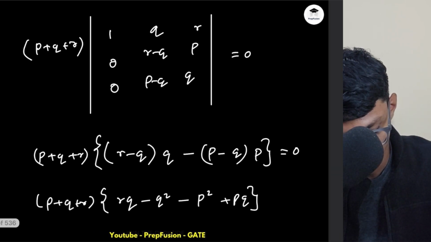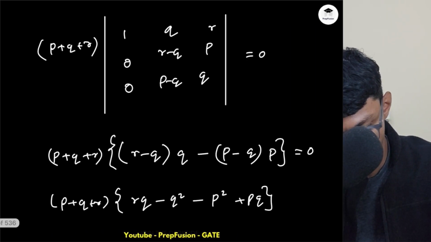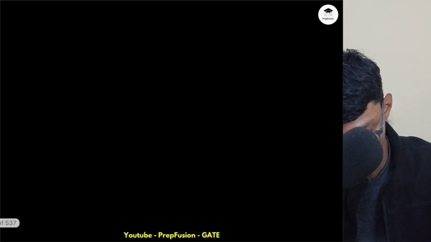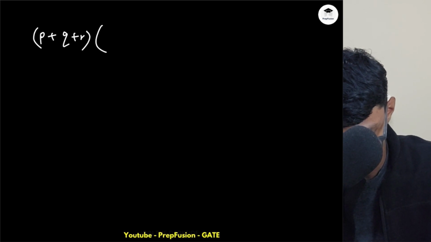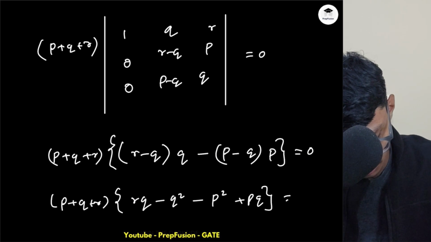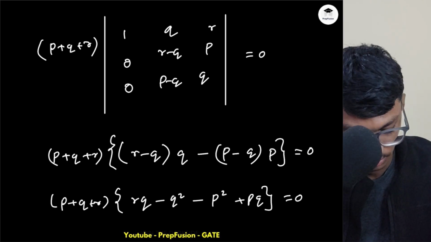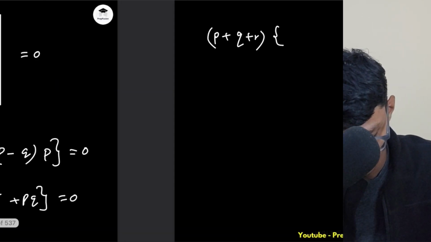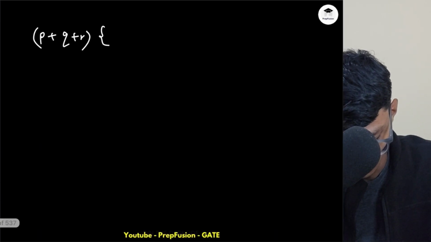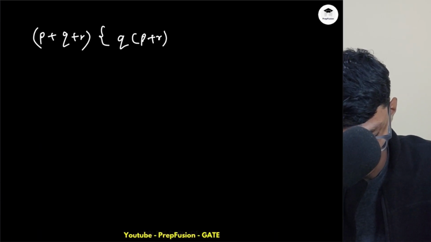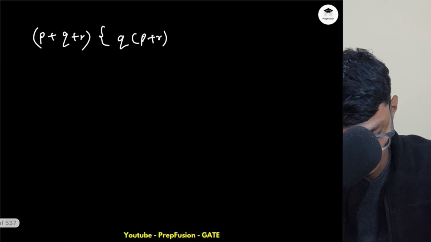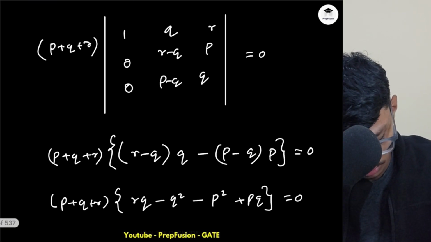So this will be simply P plus Q plus R, and this equals 0, if I take common Q, Q into P plus R, and this will be minus P square and Q square.